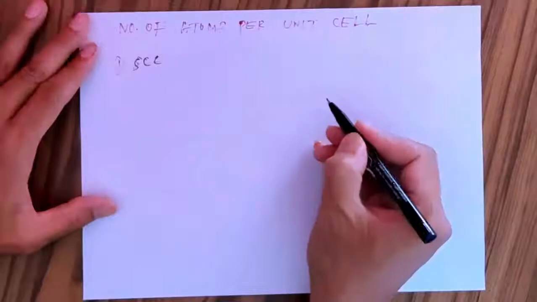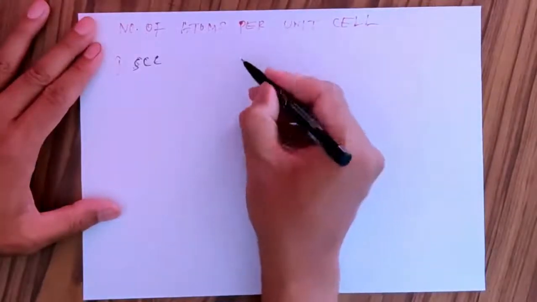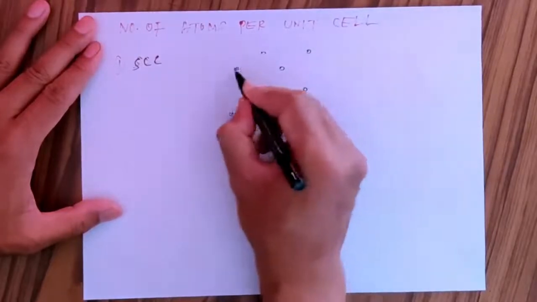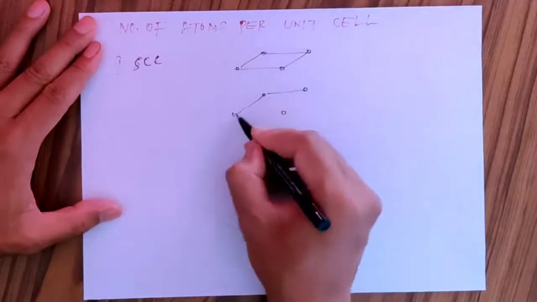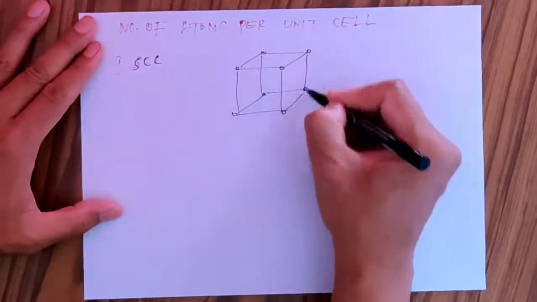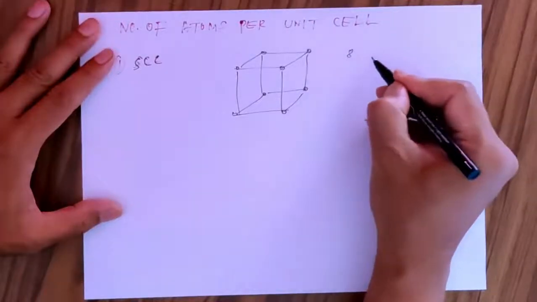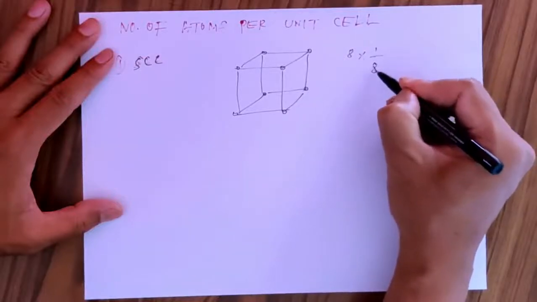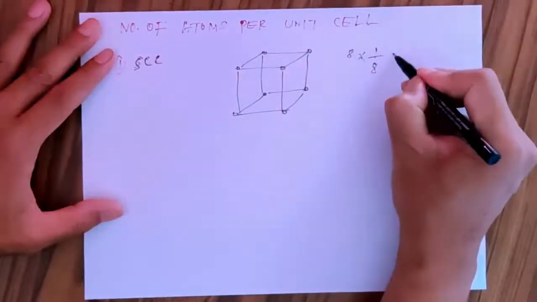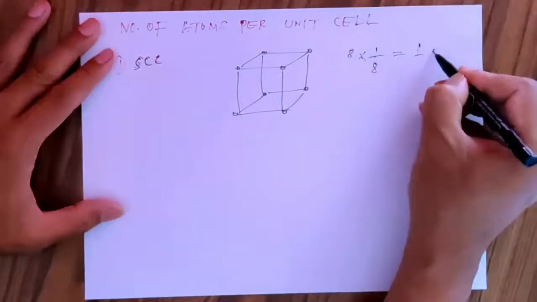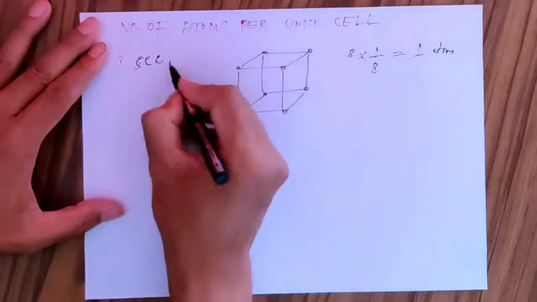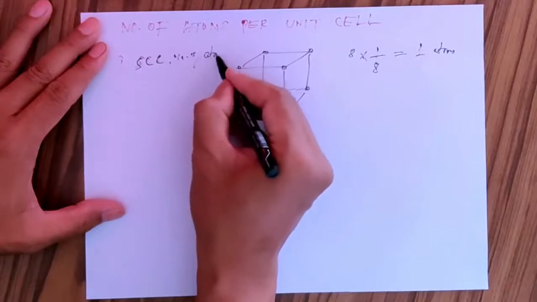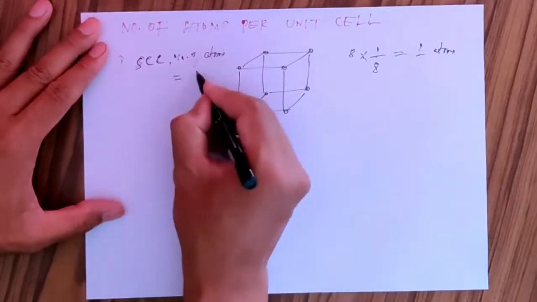Draw the diagram. There are 8 corners with atoms, and each corner atom contributes 1 by 8. So 8 and 8 cancel, giving 1. Therefore, in SCC the number of atoms is equal to 1.